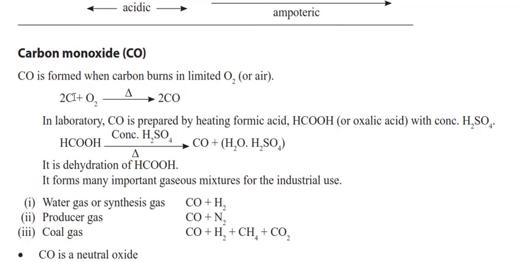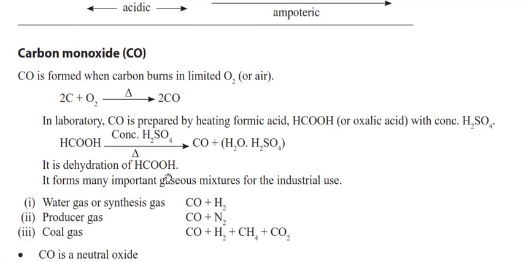This is a general method: you burn carbon with limited oxygen to produce carbon monoxide. For the laboratory, you take formic acid and react it with concentrated sulfuric acid and heat, and you get carbon monoxide. So you are dehydrating formic acid. Sorry, this is the formic acid structure.